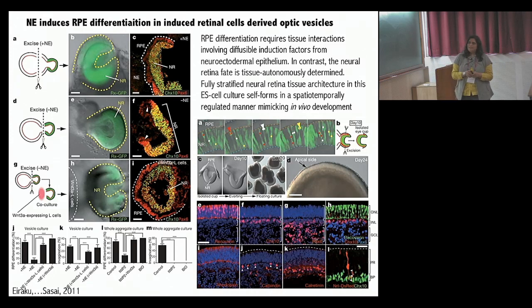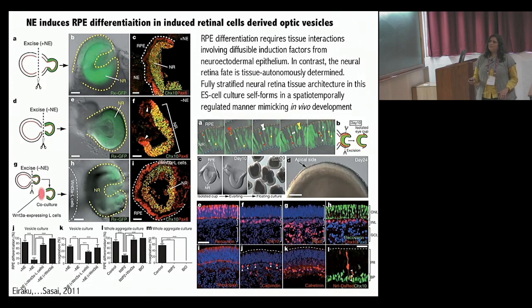So in this dish, what you saw was that temporally this green structure first differentiated into the neural retina and then induced the cells around it to become pigment epithelium. So you can achieve induction of the two cell types in addition to morphology in this dish.